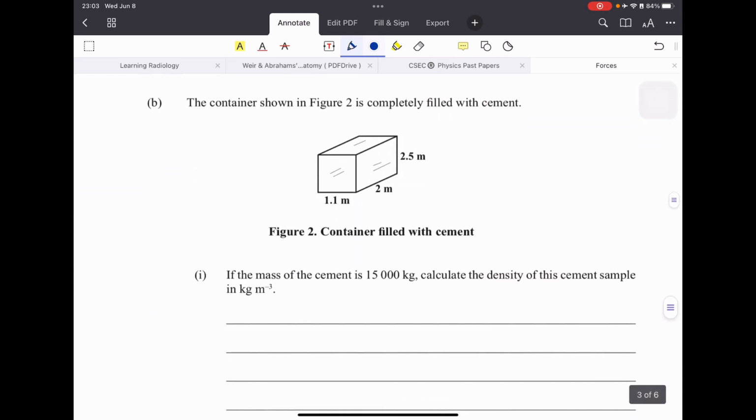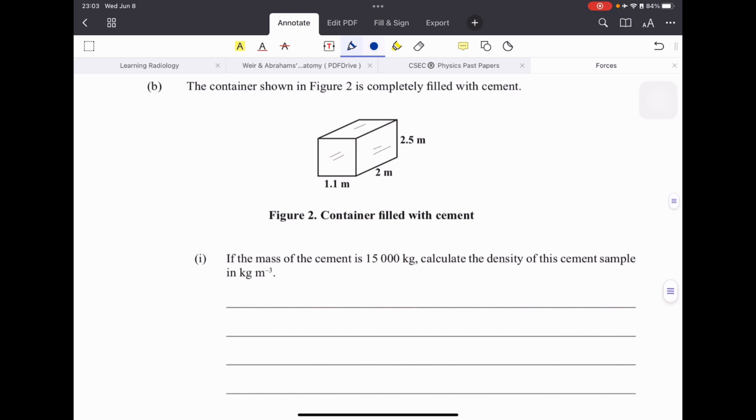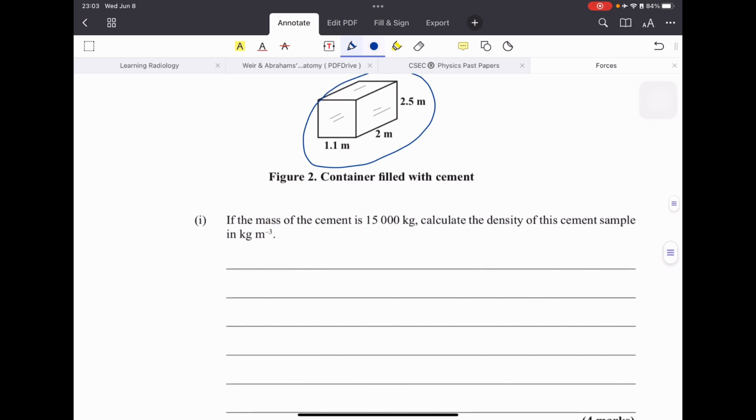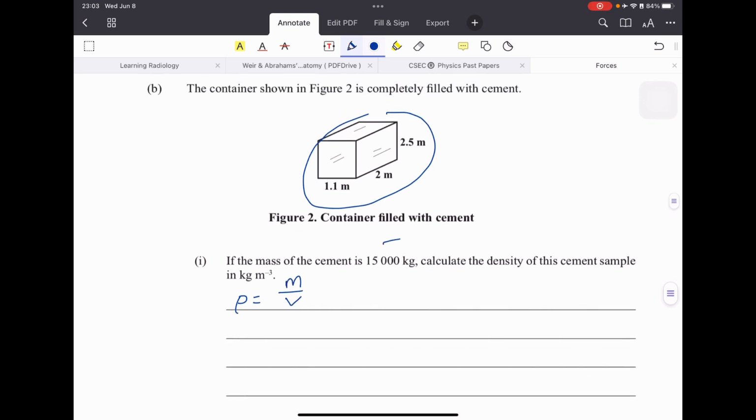The container shown below is completely filled with cement, and we have the dimensions of the container here. If the mass of the cement is 15,000 kilograms, calculate the density of the sample. Very easy. So density is your mass per unit volume, which means mass over volume. We get the mass here, but we need to calculate the volume.